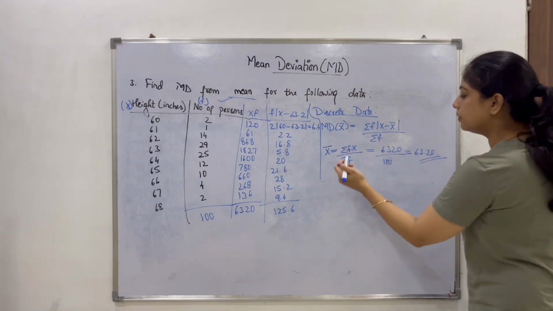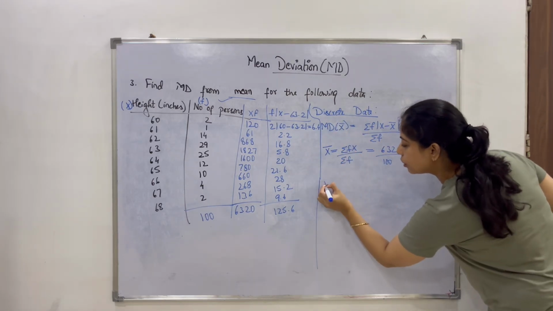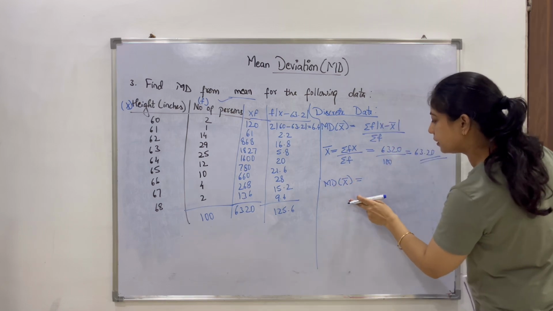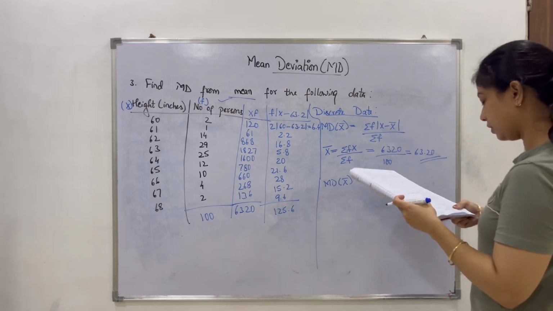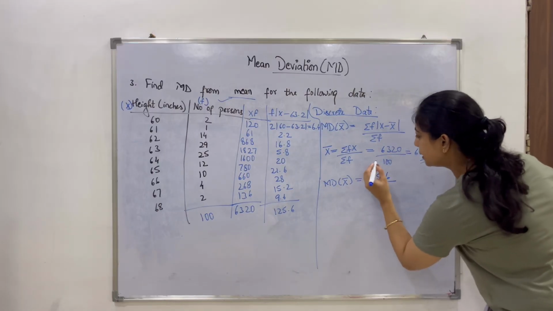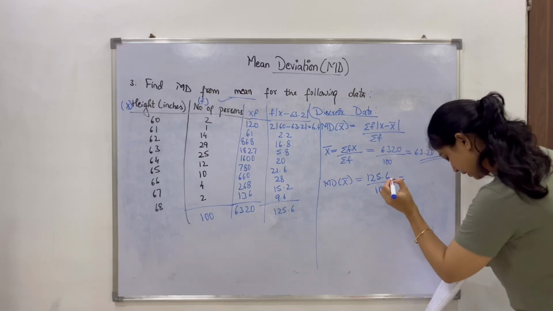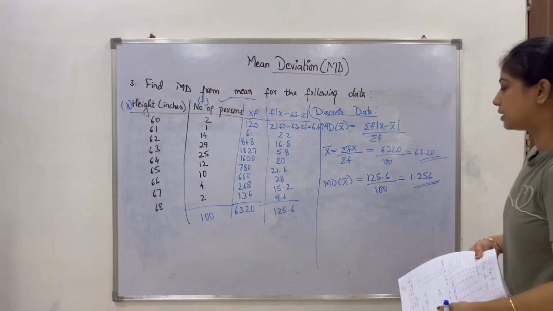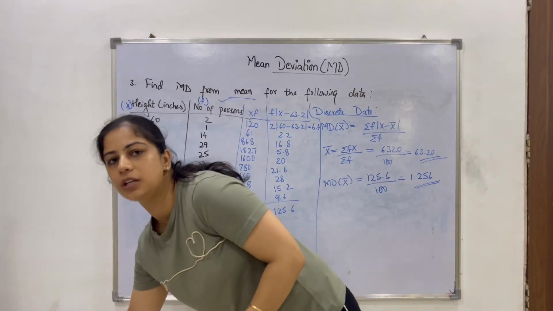After finding out this column, we are going to substitute back in the formula, which is mean deviation of mean. So here the mean deviation from mean is 125.6 divided by 100 and the answer is 1.256. So this is how we calculate the mean deviation from mean.